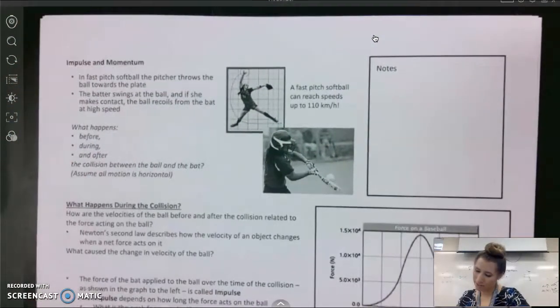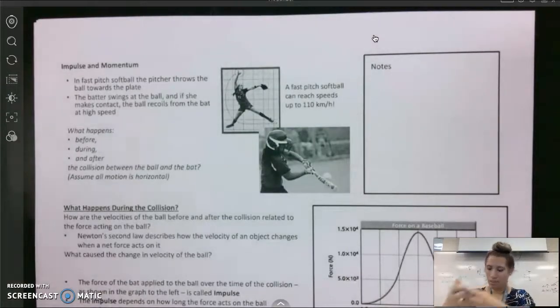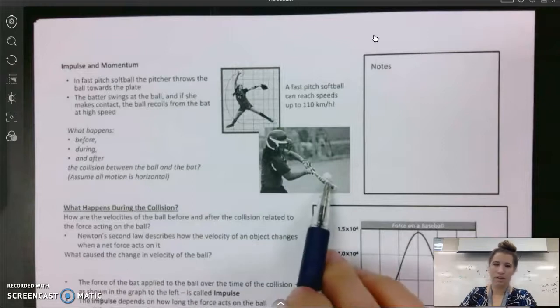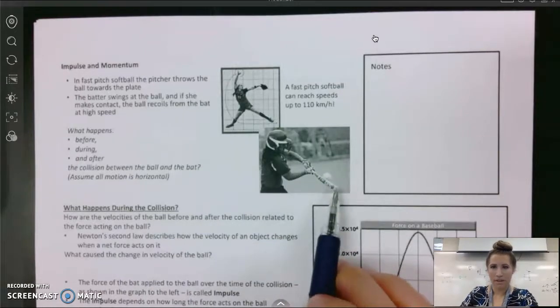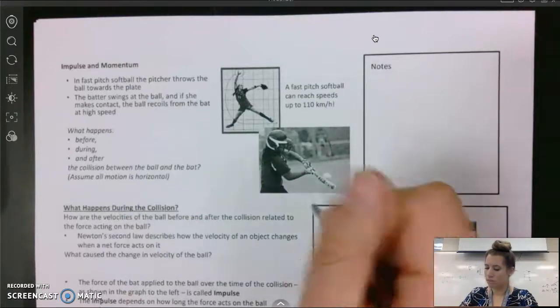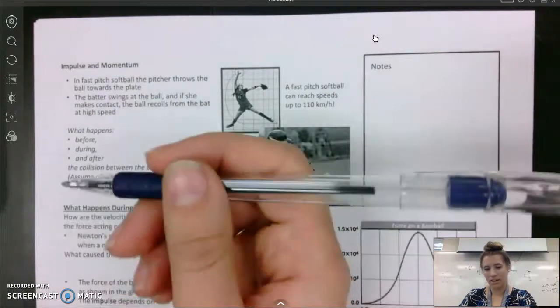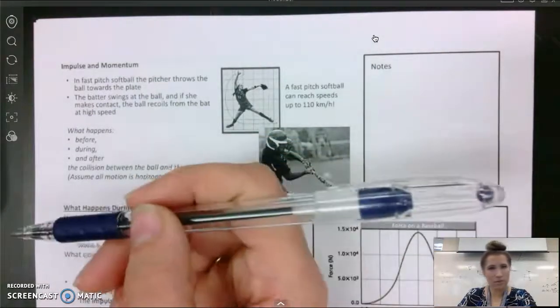Impulse and momentum. So first, example. If we're playing softball or baseball, okay, and we pitch the ball, and the ball is going to come in contact with the bat. Initially, if we're going off of this drawing, the ball had a velocity that was headed, maybe we could call it the negative x direction.